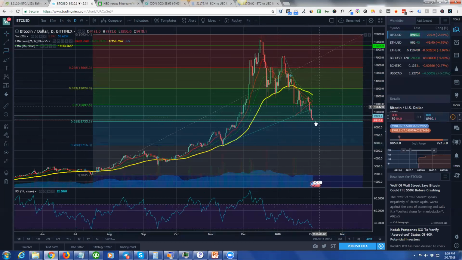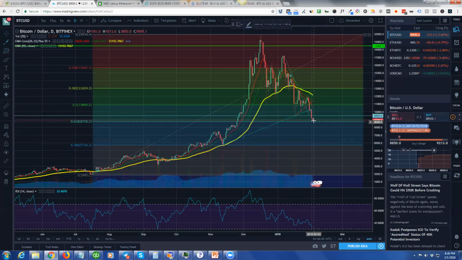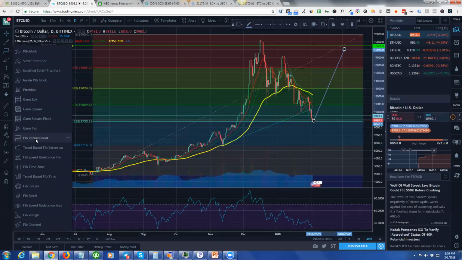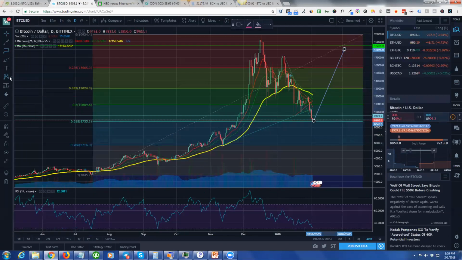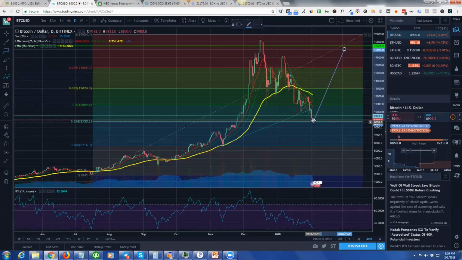Now, again, it's not going to go up right away. It's not going to go just a straight line up. So you're not going to get this, if I can get my arrow here, a straight up. Typically what we'll end up seeing is something like this.